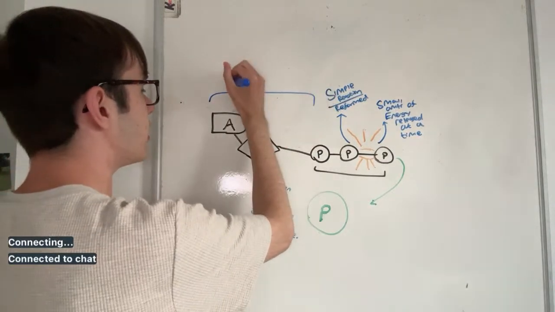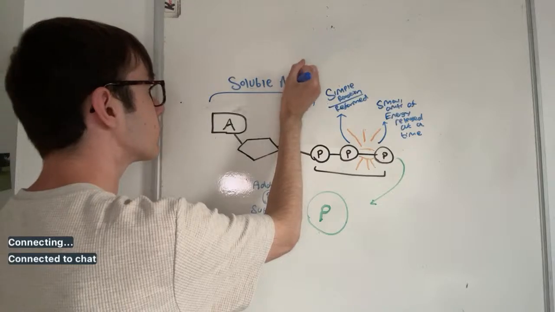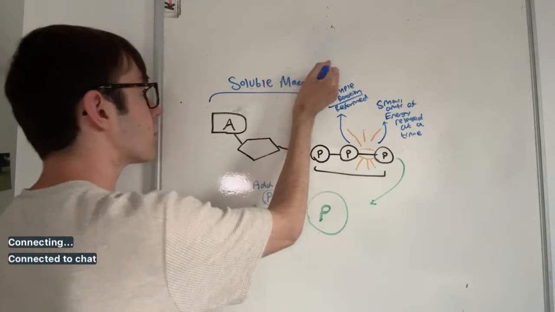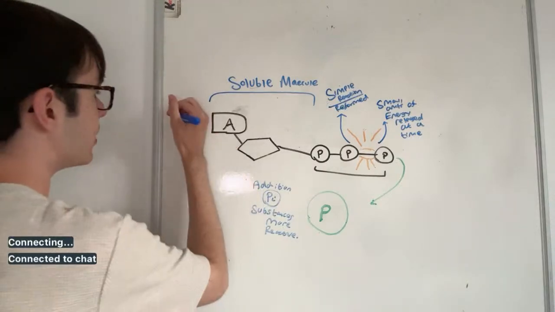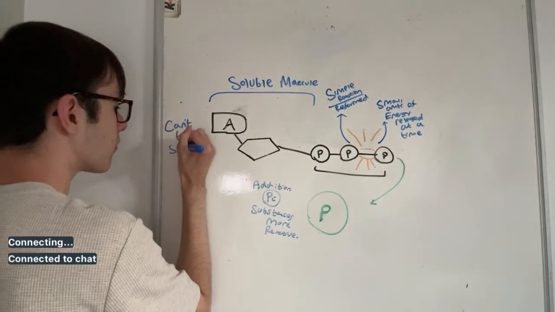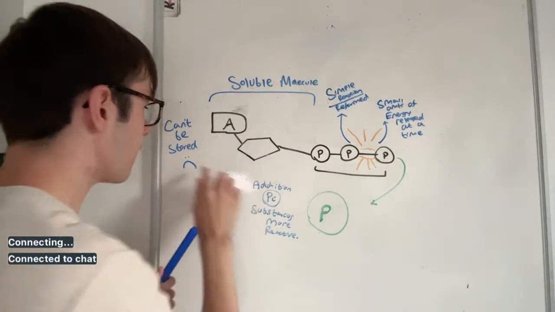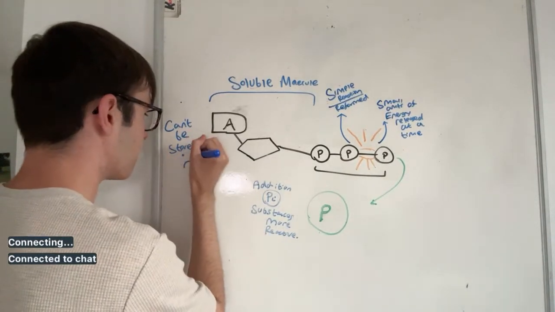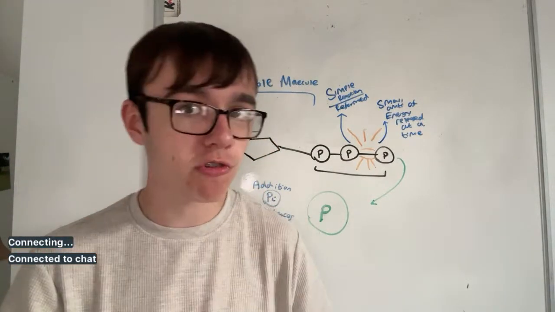Firstly, the whole idea that this is a soluble molecule. Another one is the idea that it can't be stored. Now, the whole idea with it not being able to be stored is that is why humans need to generate so much ATP.